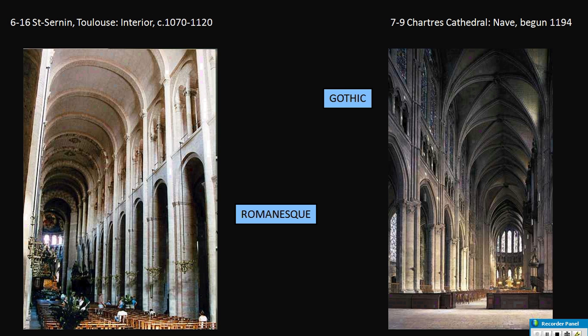Look at the amount of places where you can see the stained glass, especially at the top, underneath the main arch of the nave. When we look at Saint-Sernin, we really can't see any of the windows except maybe at the very end. So the glass is much more prominent. It takes up a lot more of the interior space. It's another hallmark of Gothic architecture, stained glass.